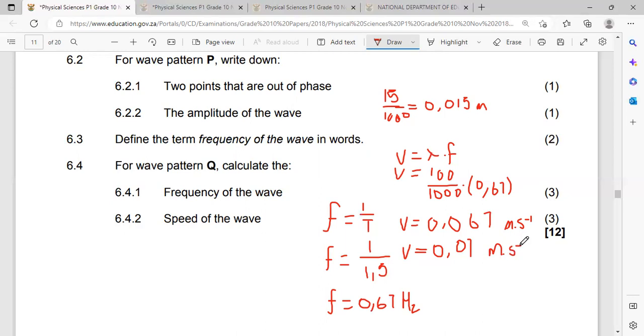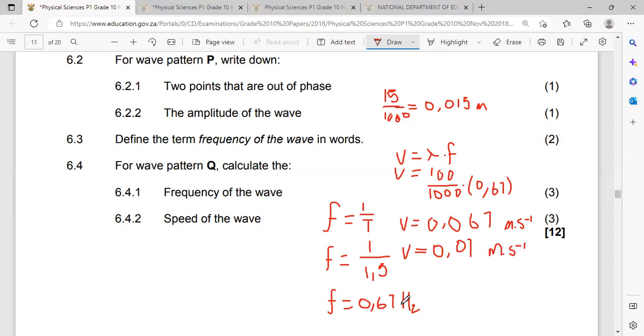But what I usually do, I write everything down, and I have a concluding statement where I say the speed of the wave is 0.07 meters per second. And let's say here I get the frequency and I write the concluding statement: therefore the frequency of the wave is 0.67 hertz.